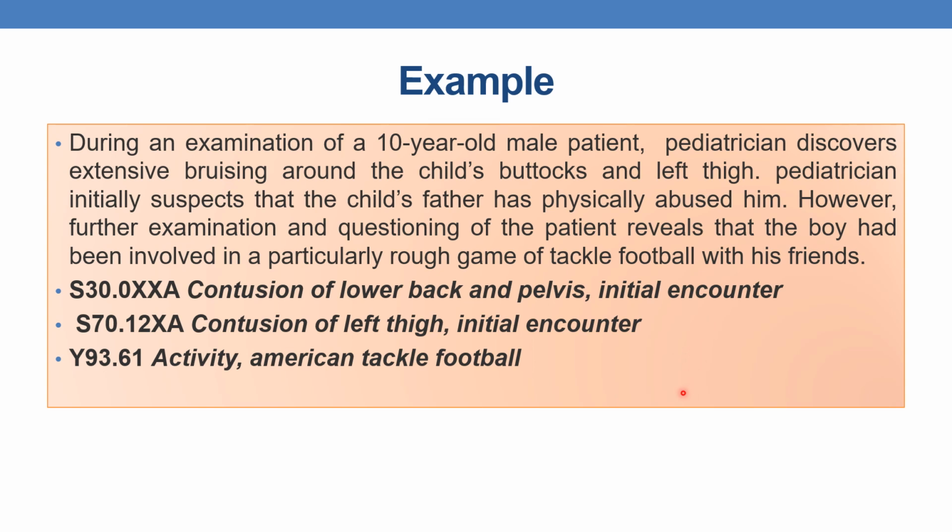Here you need not code any codes from category T74, because whenever the suspected abuse is ruled out and there is a physical injury, you need to code only the physical injury codes. You need not code observation codes also because there is a physical injury.